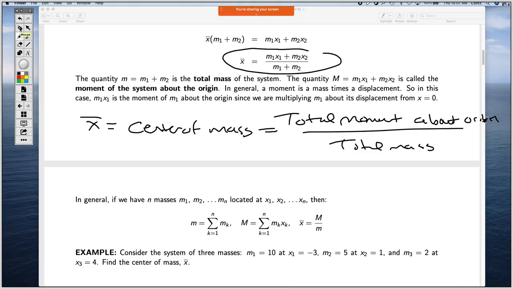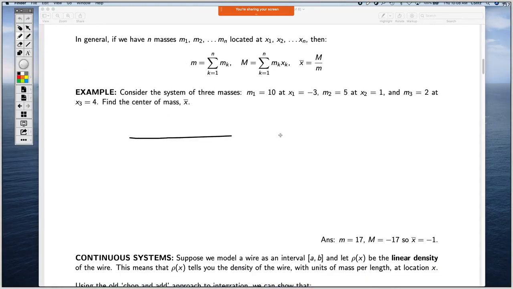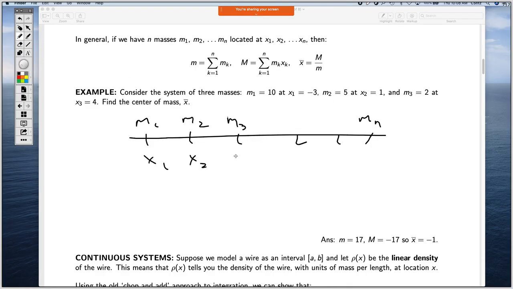So suppose we go from 2 masses to having n masses. So if we have n masses on this teeter-totter, and they each have mass, say m1, m2, m3, say up to m sub n, and they're at locations x1, x2, x3, all up to x sub n.